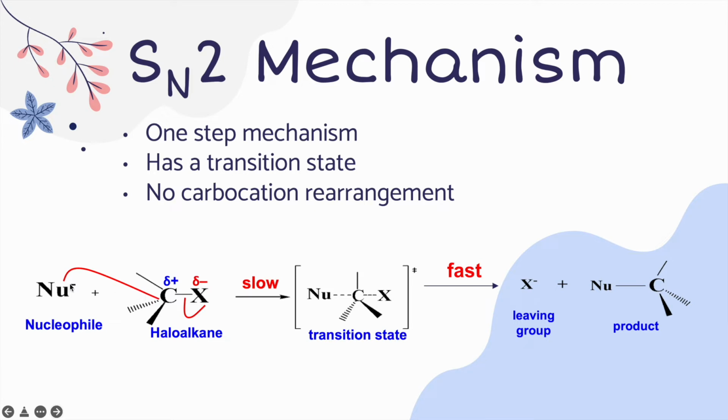This is what we call back attack. At the front it has the halogen atom, so the nucleophile attacks from the back, the opposite side of the halogen atom.